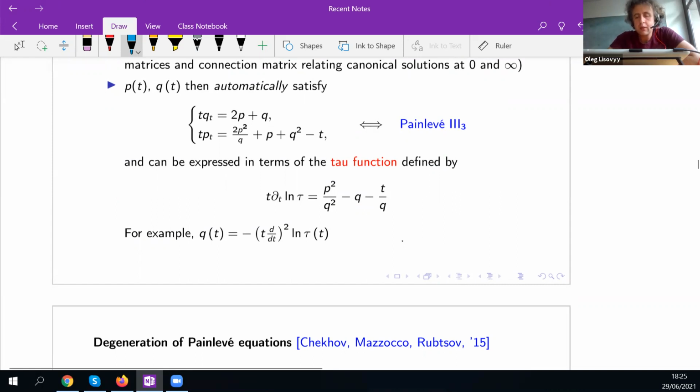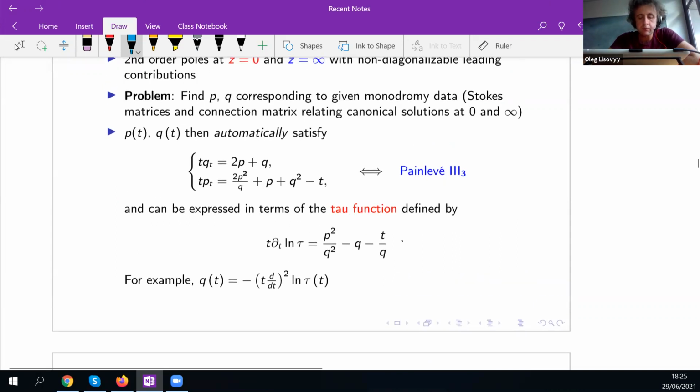The answer is actually expressed in the nicest way in terms of the tau function, which was mentioned in the talk by Kohei Iwaki and in the discussion after the previous talk. So here the tau function has the following simple definition.